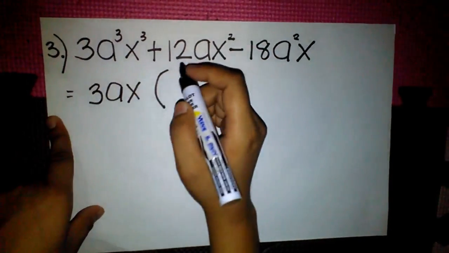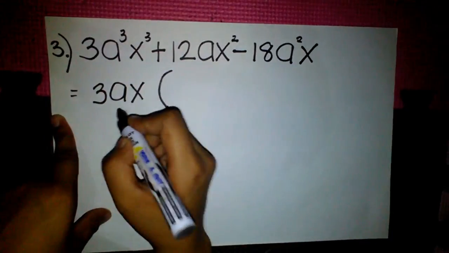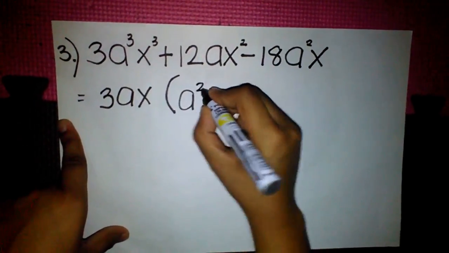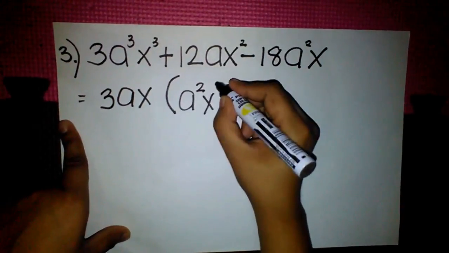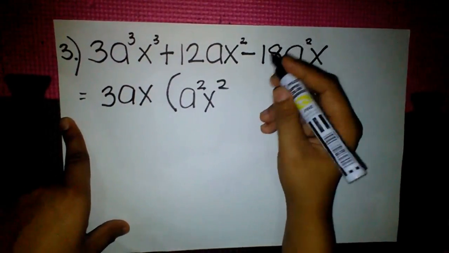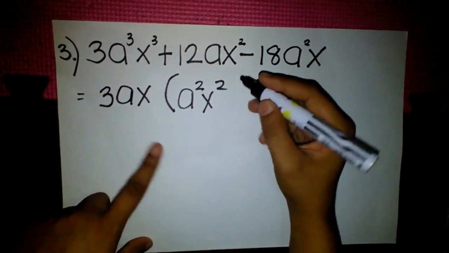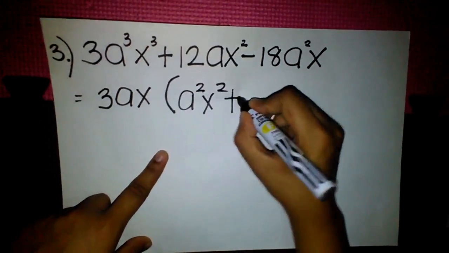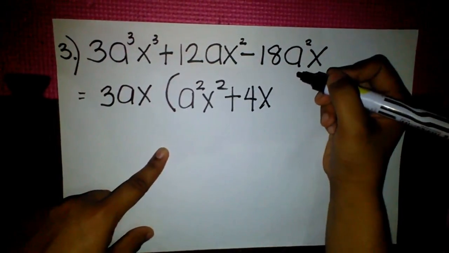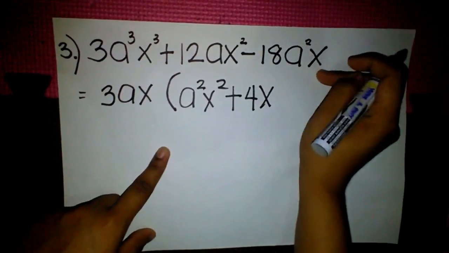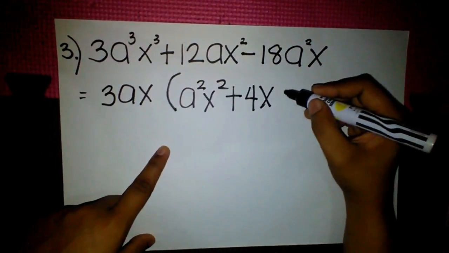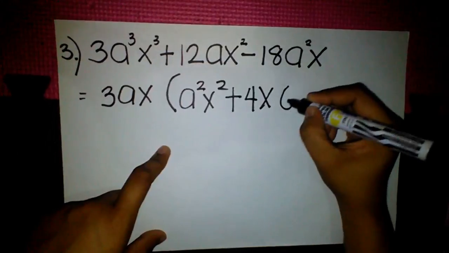So 3a cubed x cubed divided by 3ax is equal to a squared x squared. And 12ax squared divided by 3ax is positive 4x. And negative 18a squared x divided by 3ax is negative 6a.